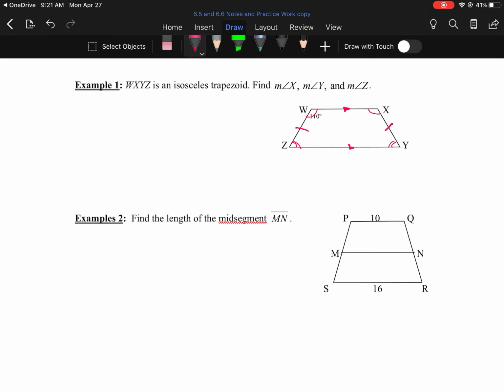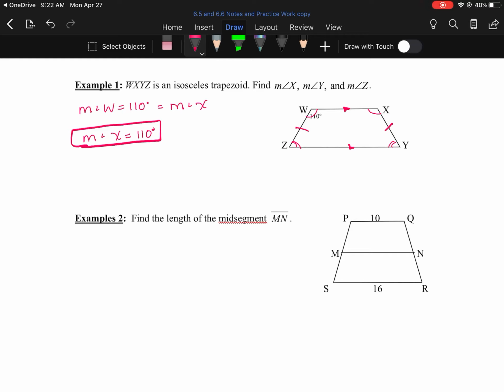That helps me because if angle W is 110 degrees, it's equal to angle X. So we can say the measure of angle X is equal to 110 degrees. That's one.